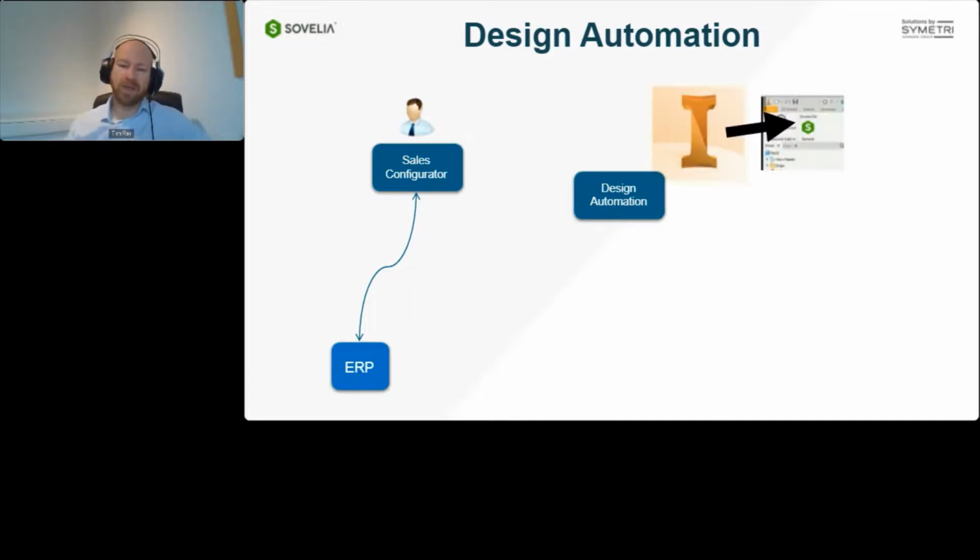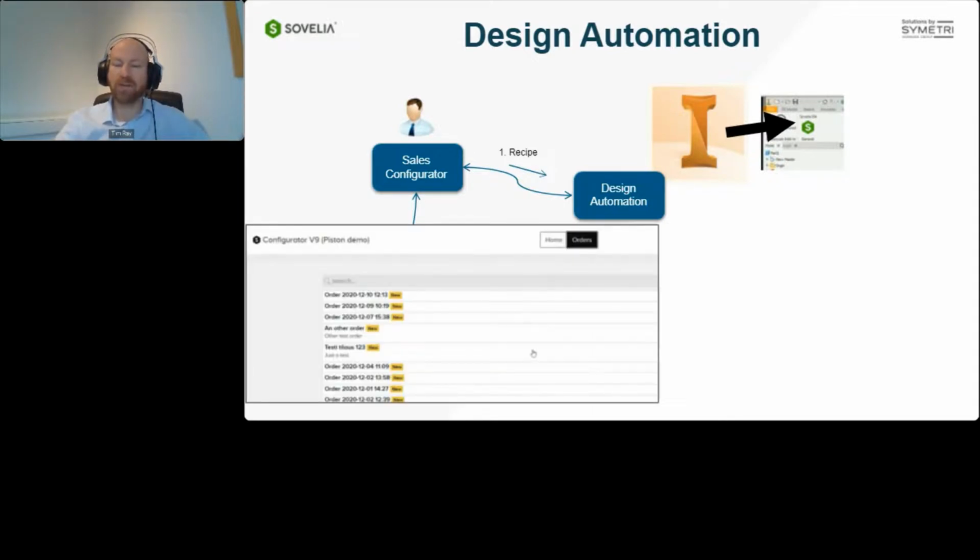In this case, we've got Inventor. So inside Inventor, we actually get another toolbar, which is our design automator. What that allows us to do is, when we push that design automator button, we can get those recipes or those configurations or those quotes that have been stored inside the configurator, and we can start to act upon those. So here's my orders.